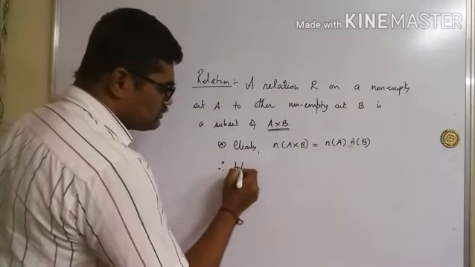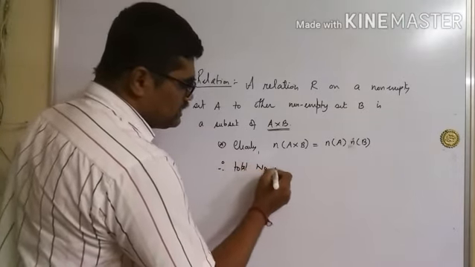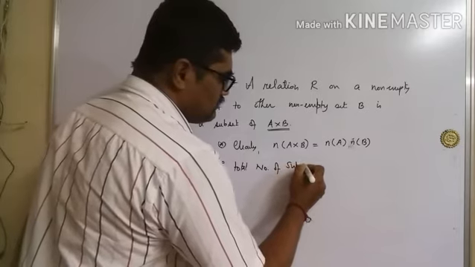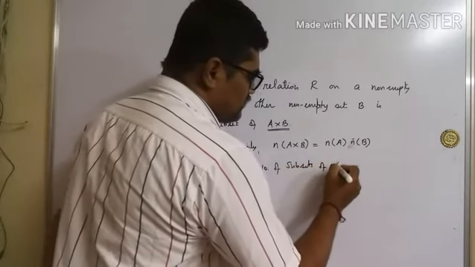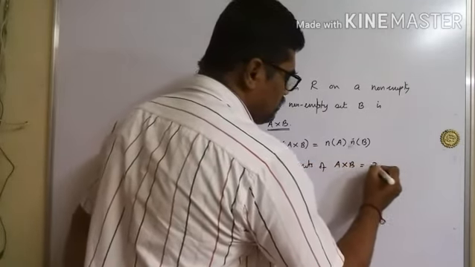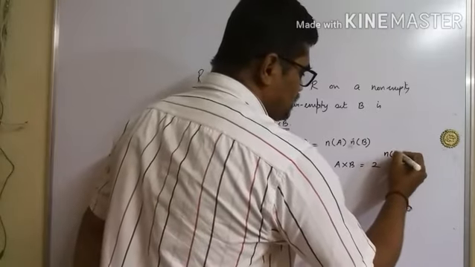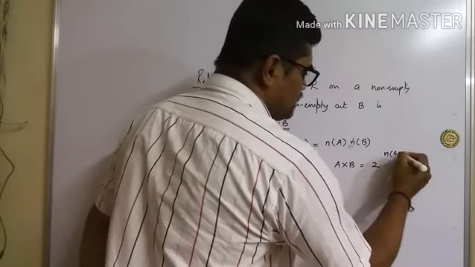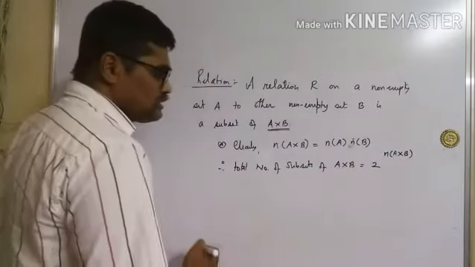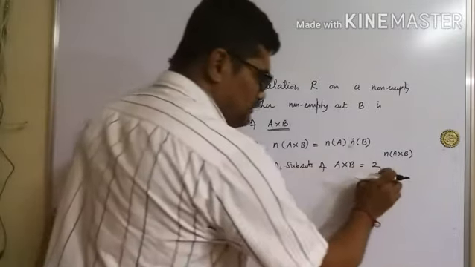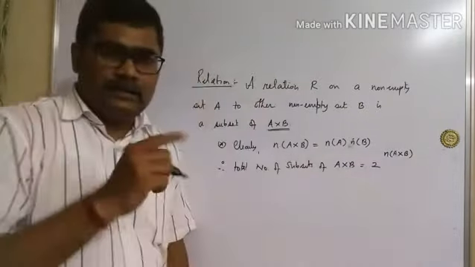Therefore, the total number of subsets of A cross B will be 2 to the power n(A cross B).